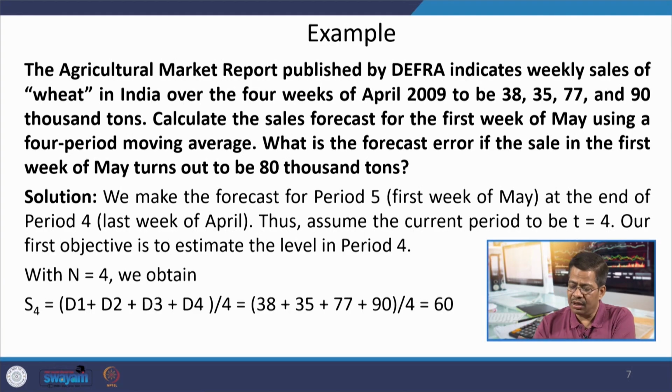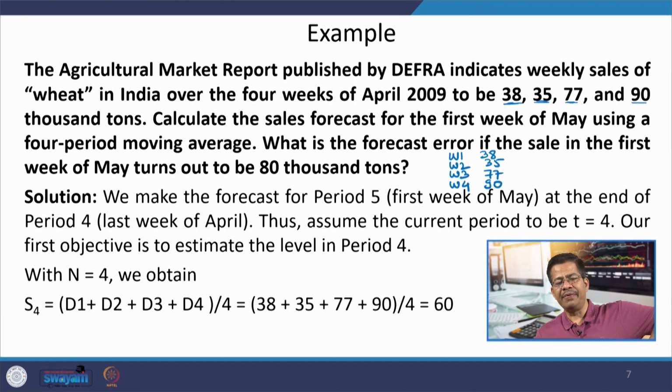For example, we have the weekly sale of a particular product, that is 38,000 tons, 35,000 tons, 77,000 tons and 90,000 tons. These are the weekly sales of the April month. So, week 1, week 2, week 3, week 4, you have data 38, 35, 77 and 90.